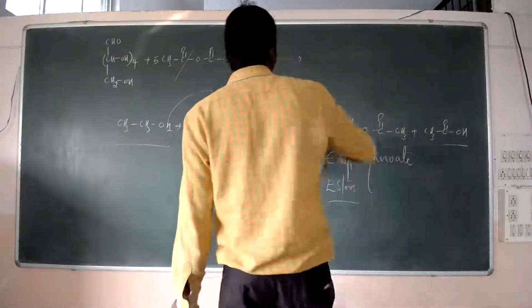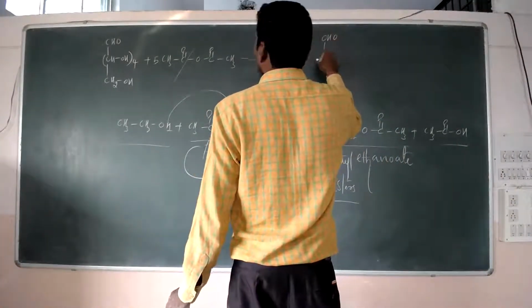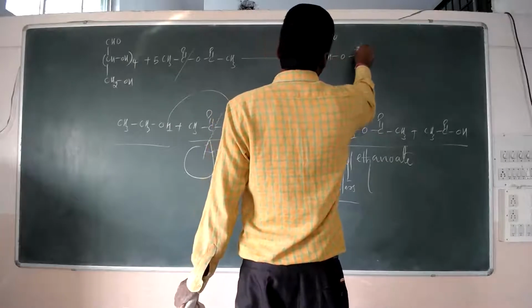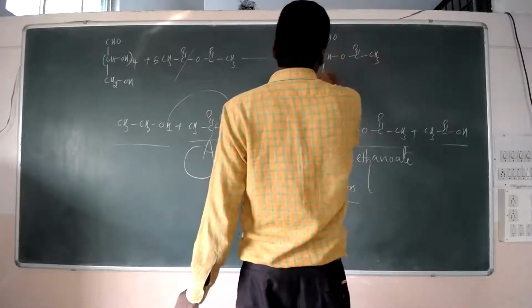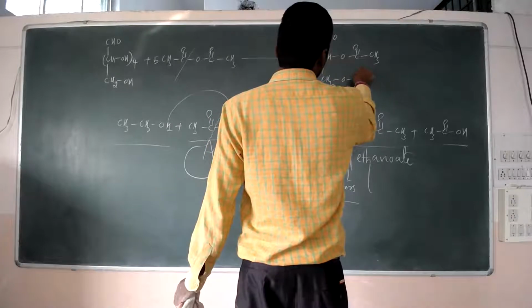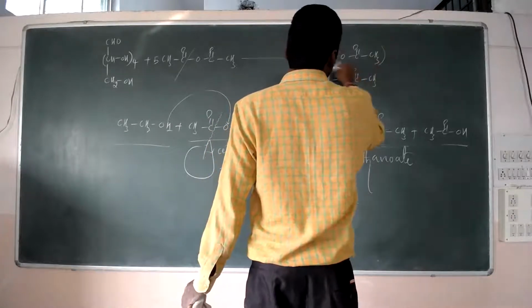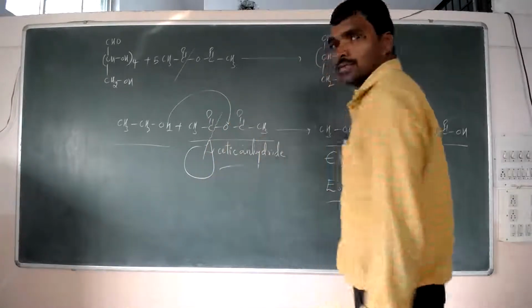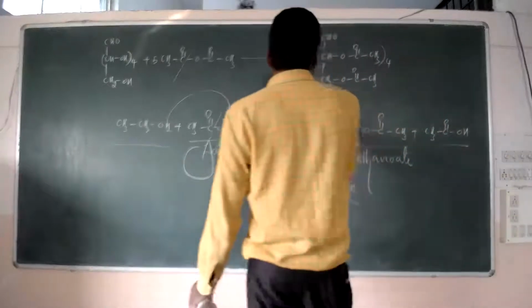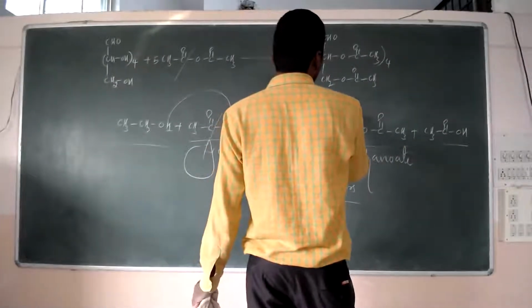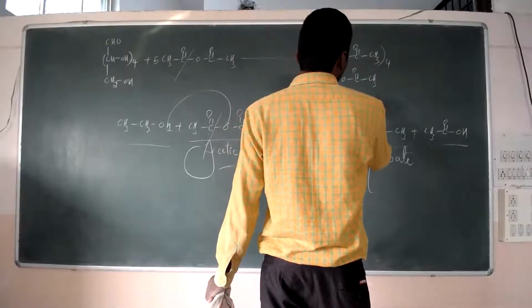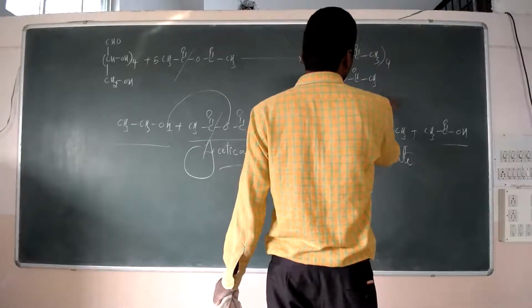Right. So the answer is CHO, C double bond O, CH3, and CH2O, C double bond O, CH3, they are taken 4. This form. What is glucose pentaacetate?